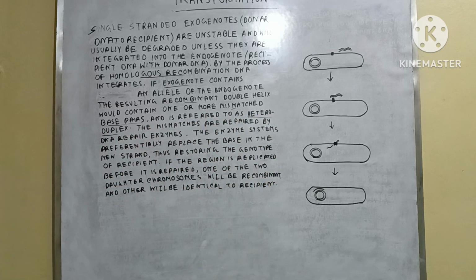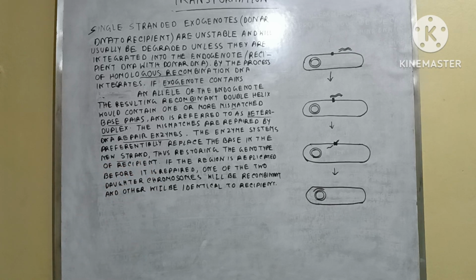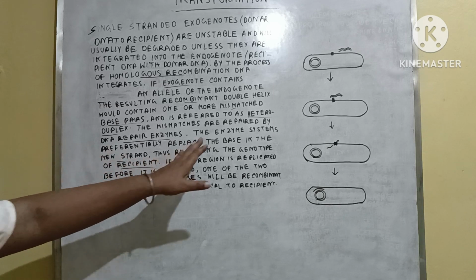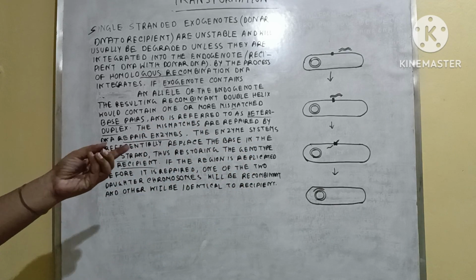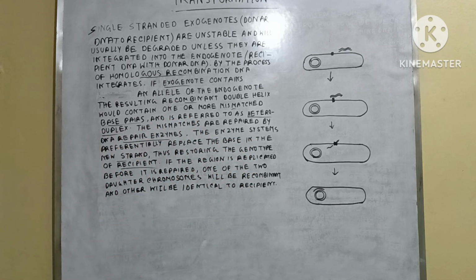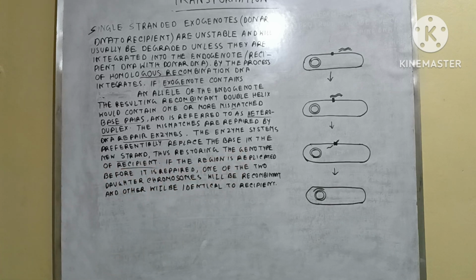And the mismatches are repaired by DNA repair enzymes, the enzyme systems that replace the base in the new strand and thus restore the genotype of the recipient. What is the function of the enzyme system? They repair the base pair by replacing it, and in that way restore the genotype of the recipient.